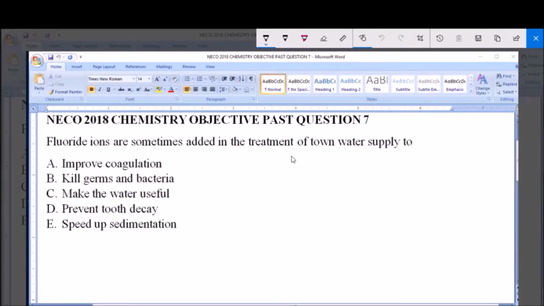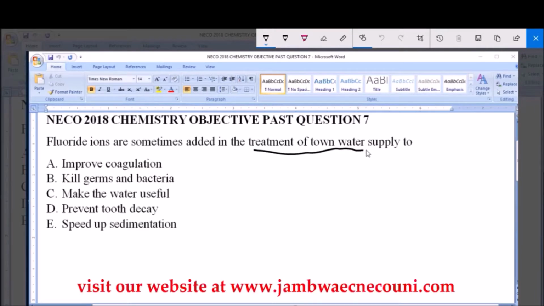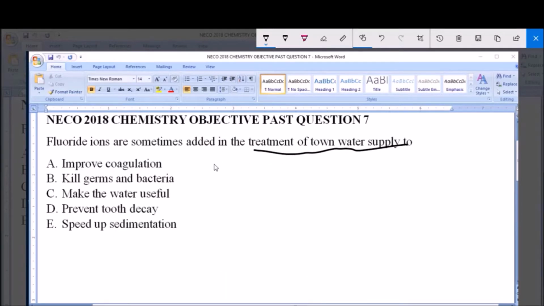Now, in the treatment of town water supply, there are various steps that are taken, such as coagulation, sedimentation, etc. But one of the steps involved is addition of supplements.